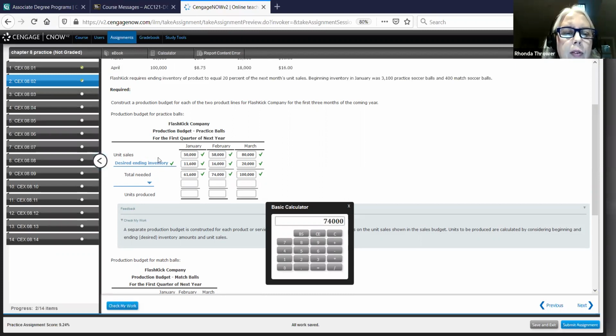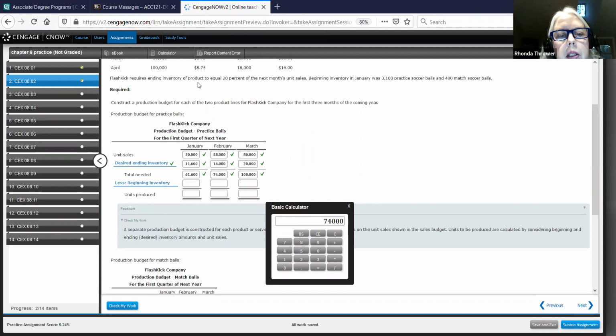And so you want to have some leftover inventory just in case you sell more practice balls than you thought you were going to. So that's why we add ending inventory here. Then you're going to deduct out your beginning inventory because you don't want to have too much left over on hand. And they're estimating how much their beginning inventory is going to be.